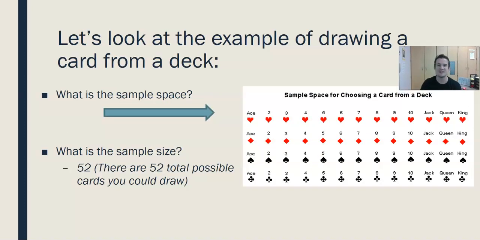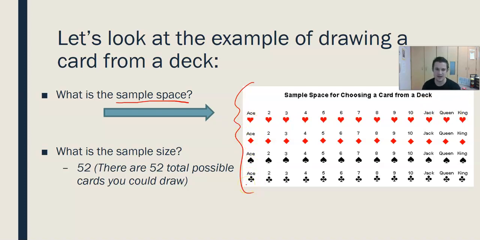So let's look at the example of drawing a card from a deck of cards. What would be the sample space for drawing a card from a deck of cards? Well, here are all the possible cards in a deck if I subtract the jokers. I have ace, 2, 3, 4, all the way through 10, and then jack, queen, and king, in hearts, diamonds, spades, and clubs.